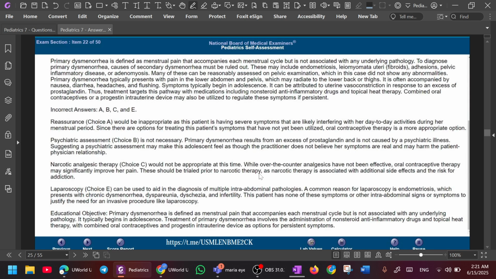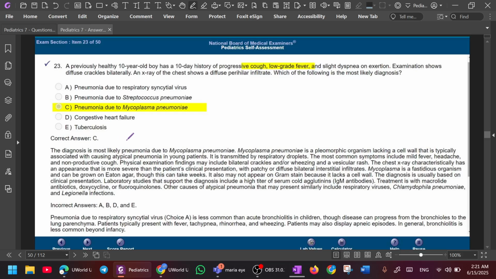So it's Mycoplasma pneumoniae. The diagnosis is most likely Mycoplasma pneumonia. Mycoplasma is a pleomorphic organism lacking a cell wall that is typically associated with causing atypical pneumonia in young patients. It is transmitted by respiratory droplets. The most common symptoms include mild fever, headache, and non-productive cough.